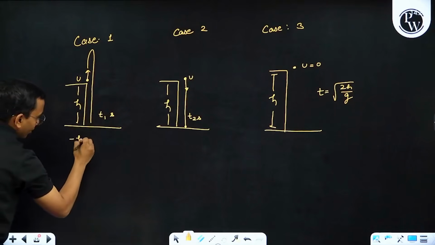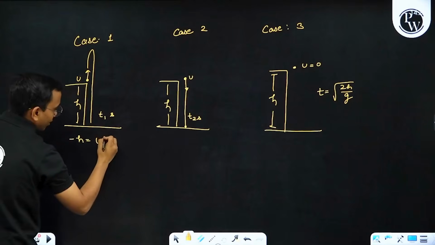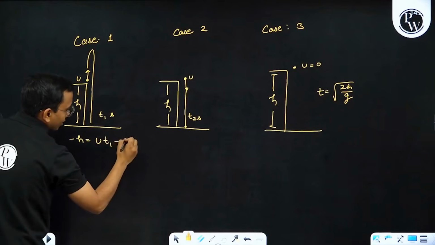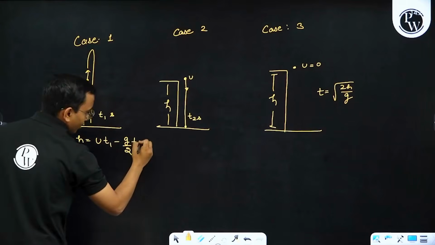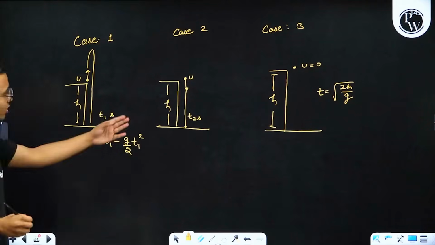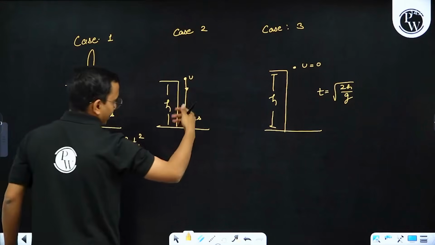So the displacement is minus h. So minus h is equals to u t1 minus g by 2 into t1 square. Now write the equation for the second case. I'm taking downward as positive here in this second case.